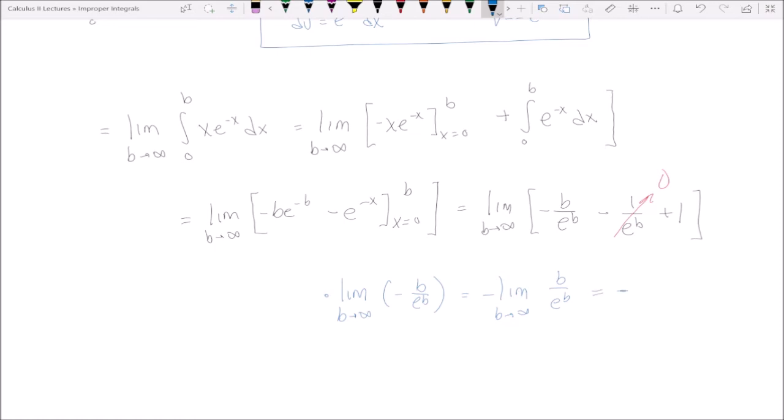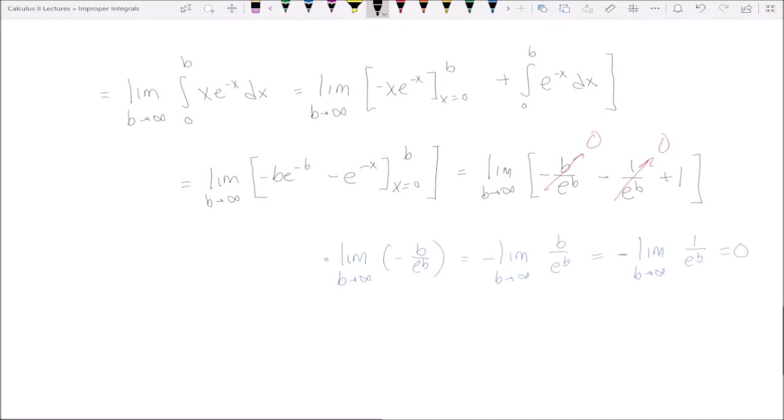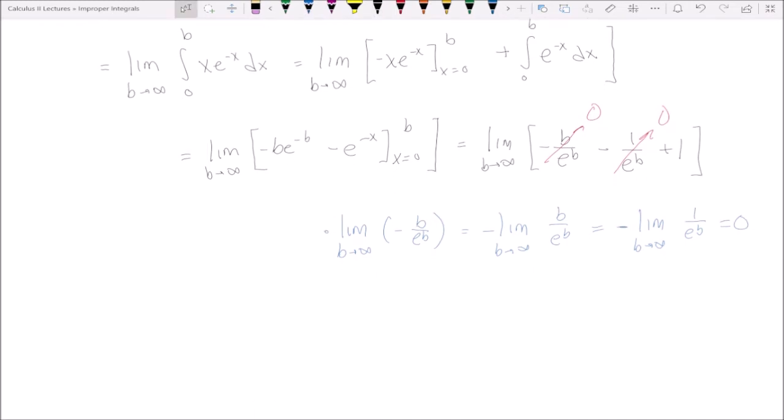Using L'Hopital's rule, we can say that's 1 over e to the b, and that limit is also 0. So then that limit goes to 0. We're left with just the limit of 1, which is 1. So this integral converges to 1.